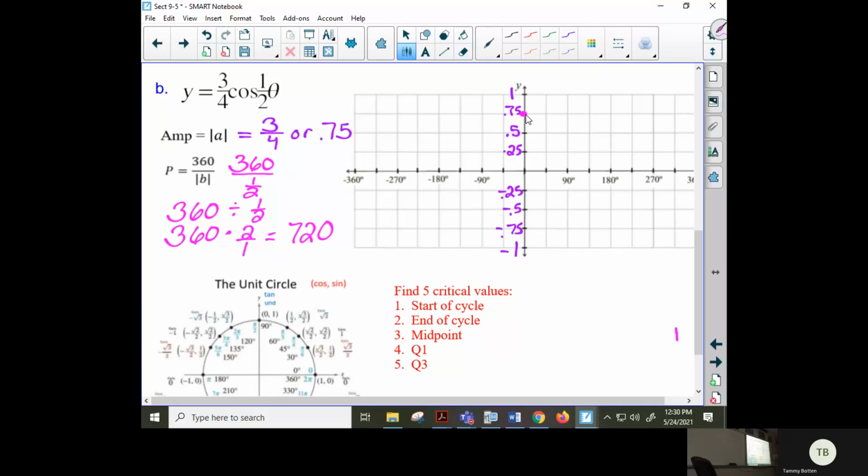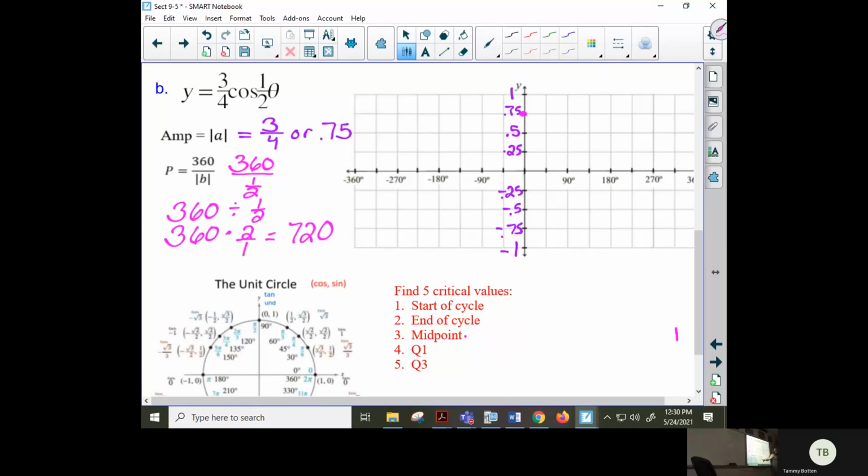Okay. Now this one we're going to have to kind of think about, and one of the things you can think about is when you plot these points, you're always going to have one point at the start of the cycle. And you guys get that the end of the cycle would be way over here at 720. Okay.